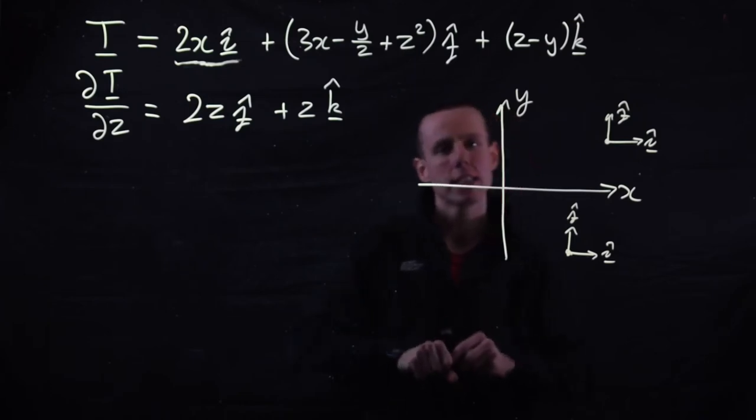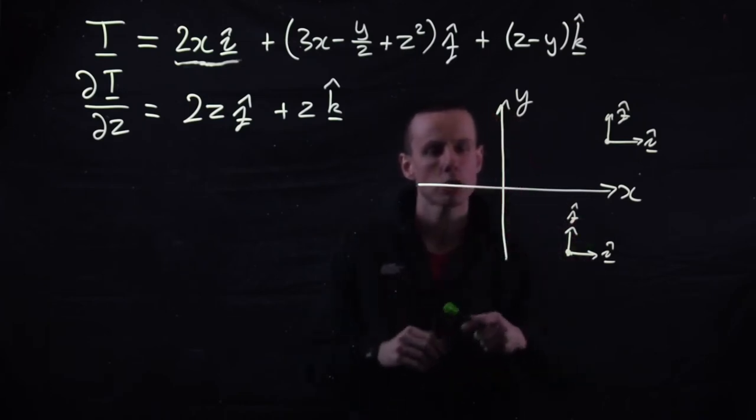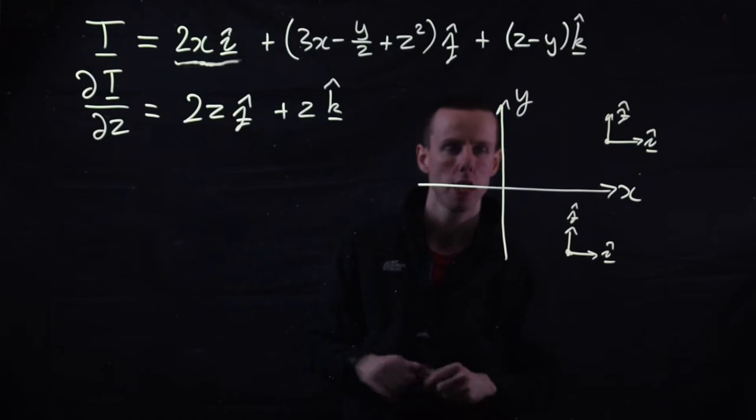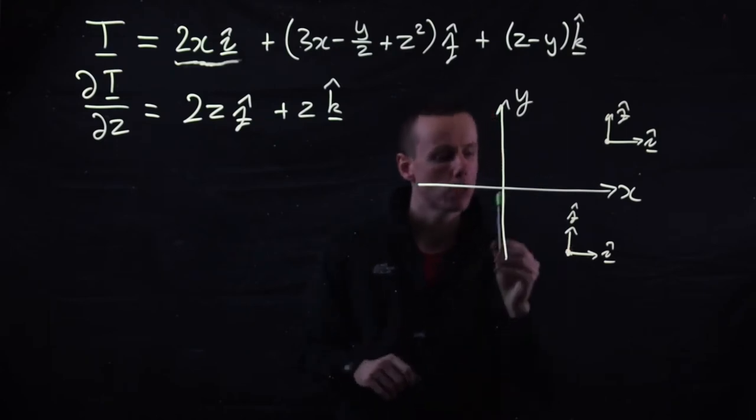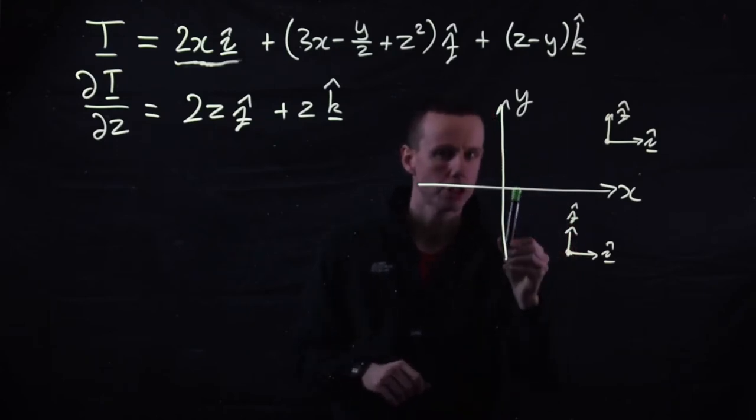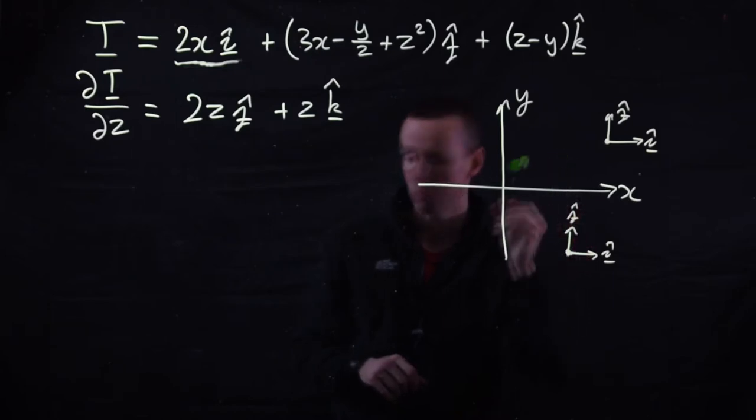But if I instead use polar coordinates, then we will see that the basis vectors do vary from point to point.